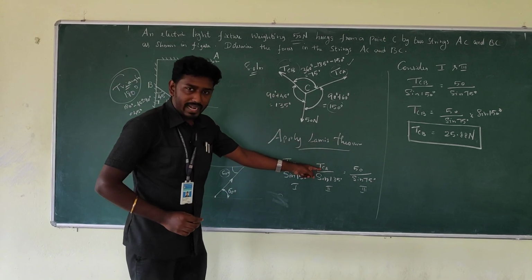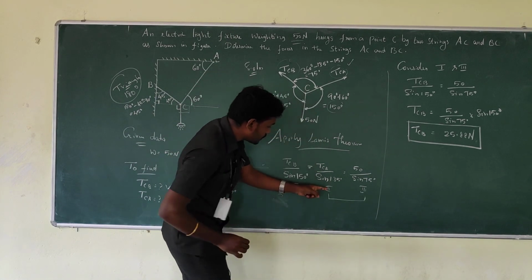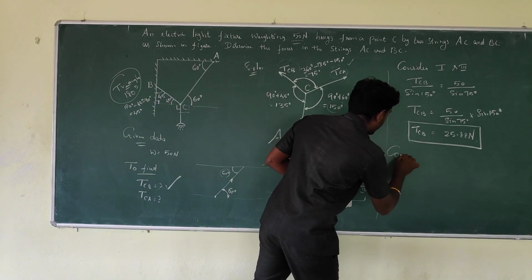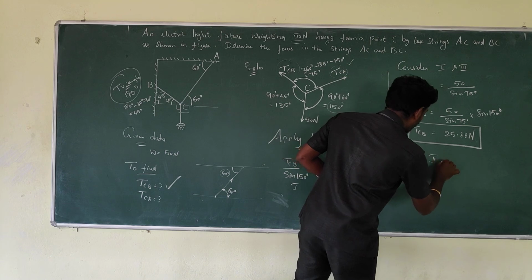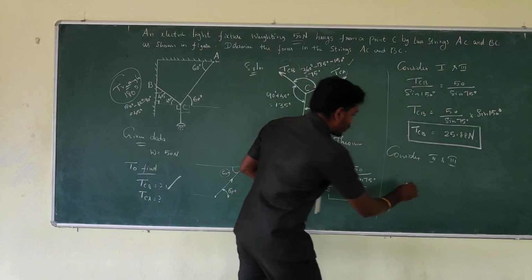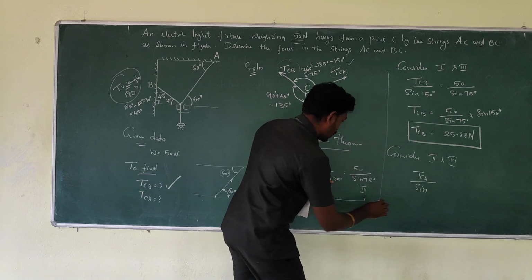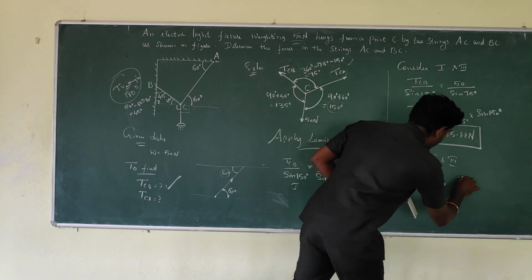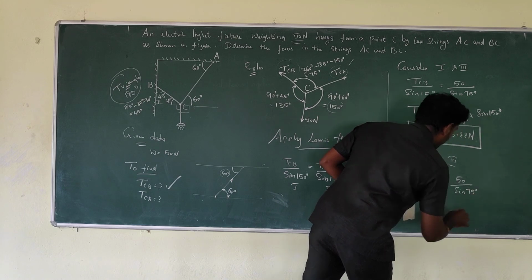The last one, TCA. Now to identify TCA, next I am going to compare 2 and 3. So consider the components 2 and 3. So TCA divided by sine of 135 degree is equal to 50 divided by sine 75 degree.